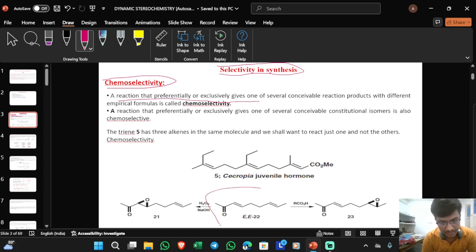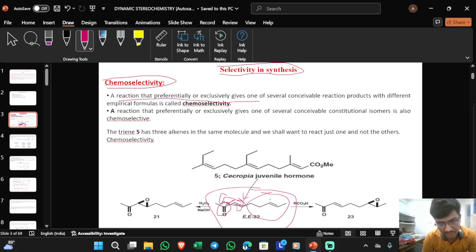This is any compound, this compound or any compound. The carbonyl group has a double bond with resonance, but this double bond has no resonance, and these are more reactive, because in the double bond a bond is created and any nucleophile can attack so easily.